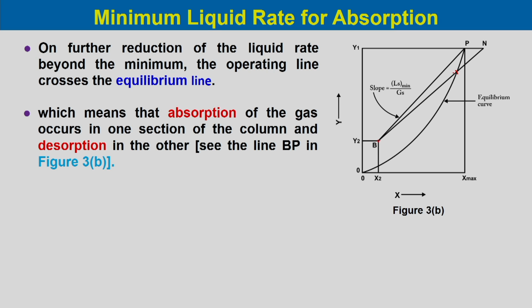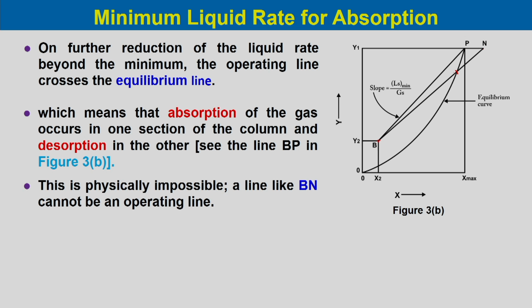So, from this point to this point absorption would take place, and in the other section of the column you will have desorption, from this point to point N. This is physically impossible. A line like BM cannot be an operating line.